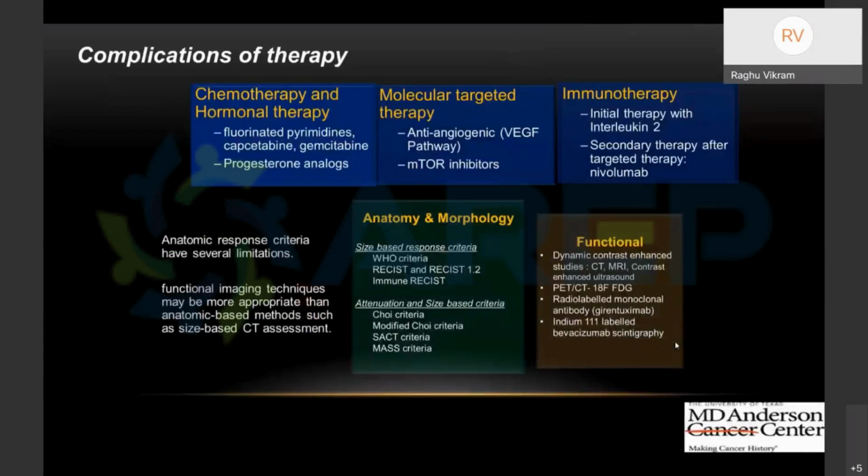We talked about multiple different groups of chemotherapy that is used, and very briefly about the response criteria, particularly the limitations of size-based criteria, and some complications. So with that, I thank you very much for listening, and open myself for any questions you might have.